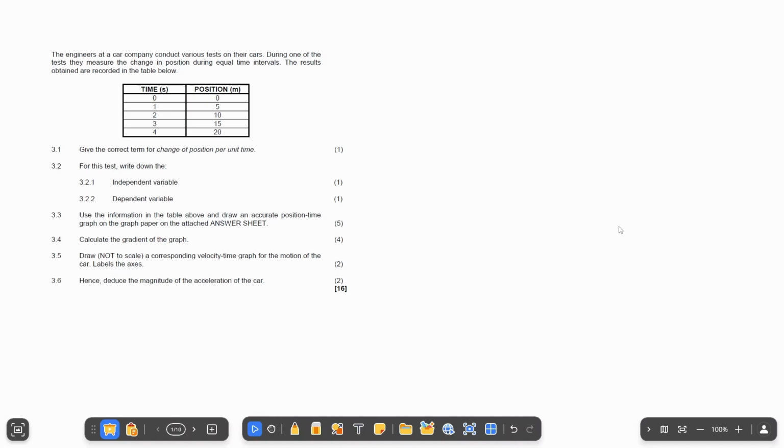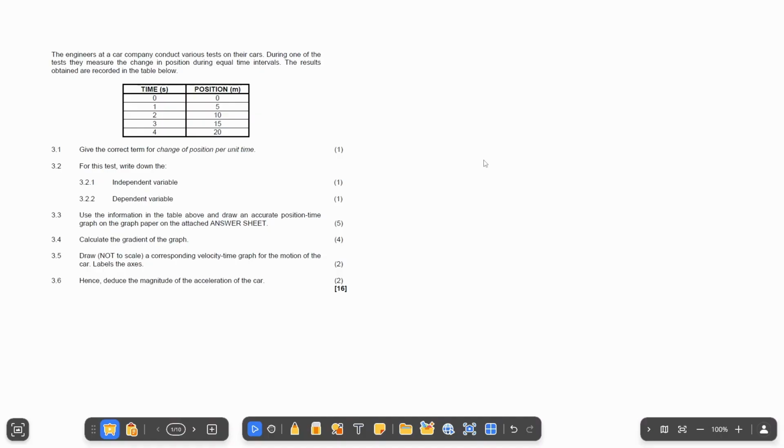The results obtained are recorded in this table, as you can see. Now, they want you to give the correct term for the change of position per unit time. Position divided by time. What is that term?